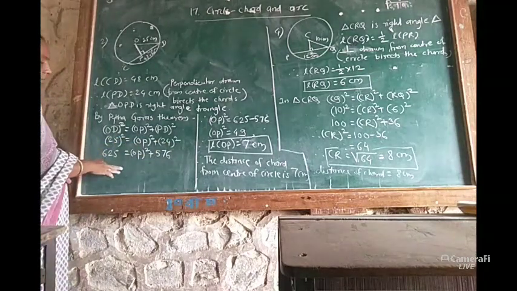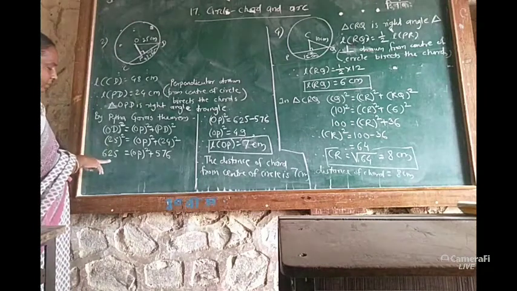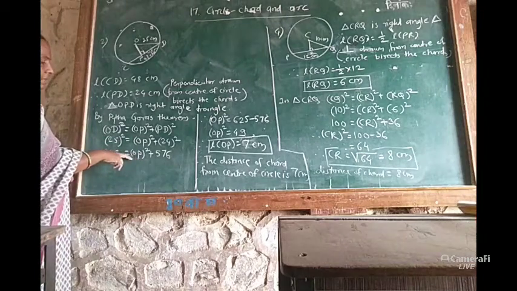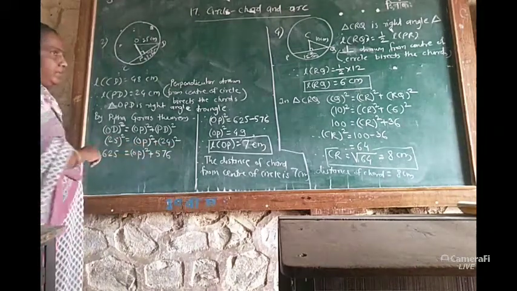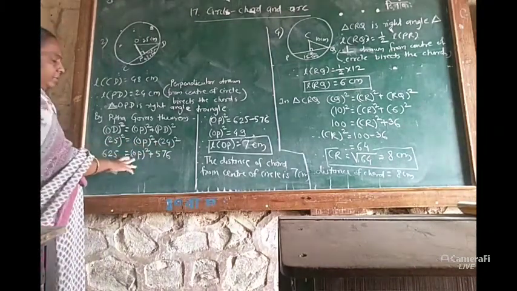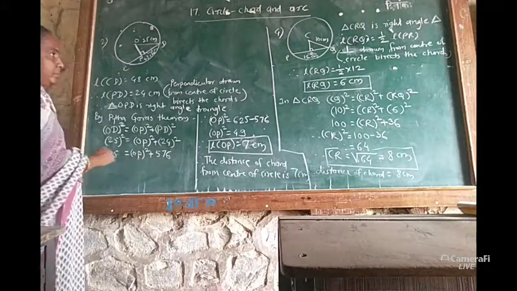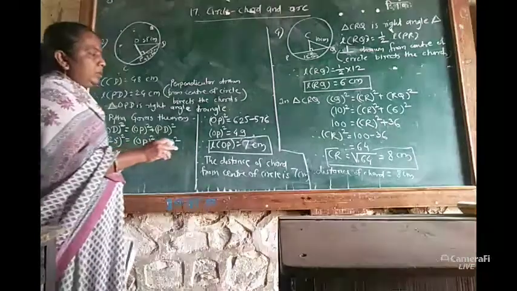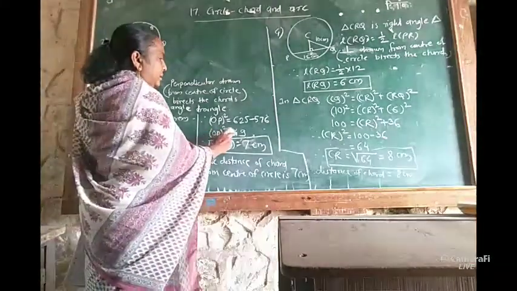Now after solving, you can see the square of 25 is 625, OP square as it is, and the square of 24 is 576. For finding the value of OP square, we have to subtract 576 from 625. You find that the value of OP square is 49.